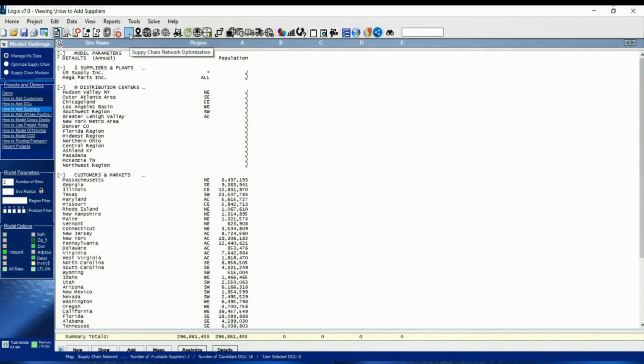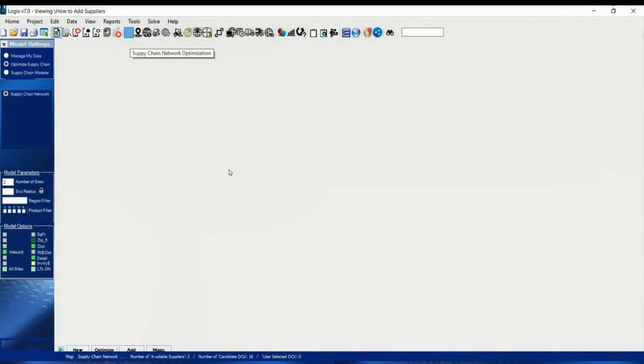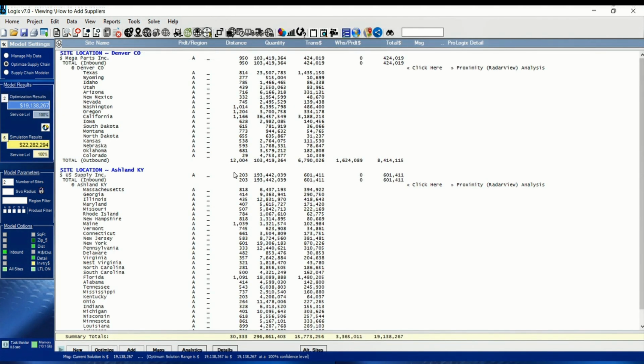Again, using supply chain network optimization with inbound optimization turned on in this case. Now you can see here that Megaparts would be used up to the limit of 103 million for distribution to Denver, whereas US Supply would be used for Ashland, Kentucky.